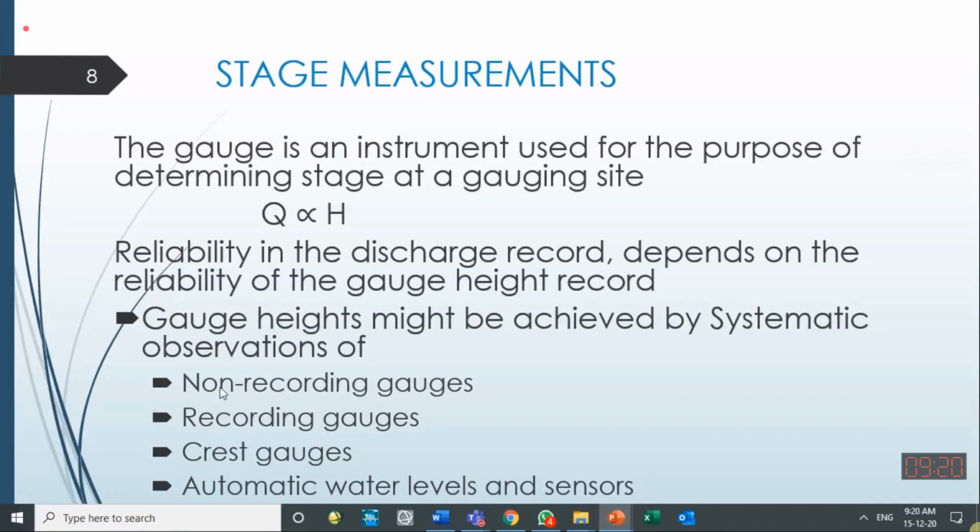So there can be non-recording gauges for stage measurement. There can be recording gauges. There can be gauges which only record the highest water level observed during the last time period, during the last day.